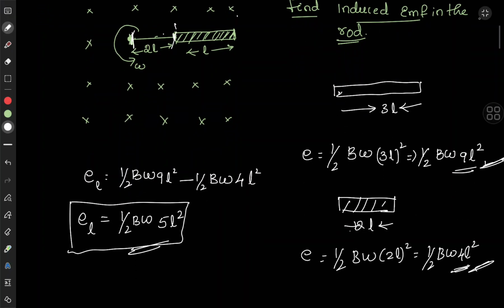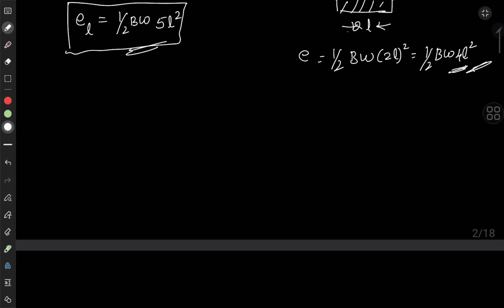Next we will start a new concept, self-inductance. Let us take the heading self-inductance. What is self-inductance? First we will understand it with a statement.